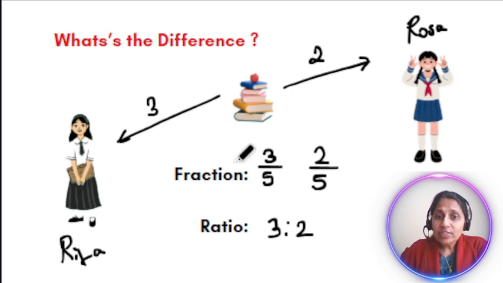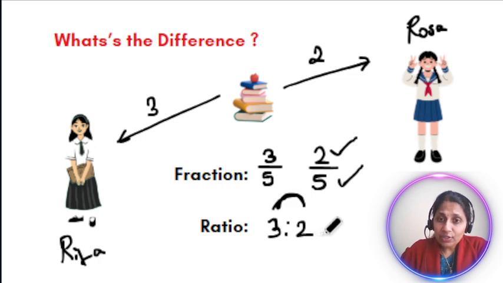If you see, the fraction always has the amount represented to the total, whereas a ratio compares the 2 quantities. And do we get the total number of parts in ratios? Yes, we do. We add up the 2 parts, 3 parts plus 2 parts gives you 5 parts.